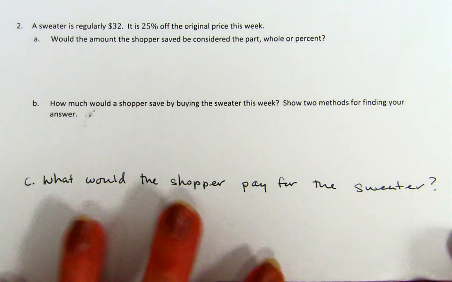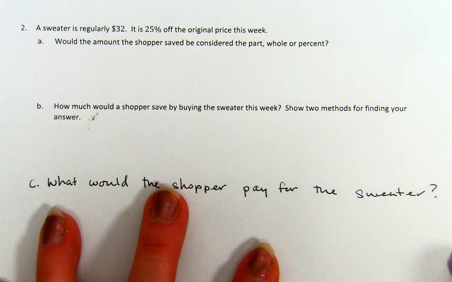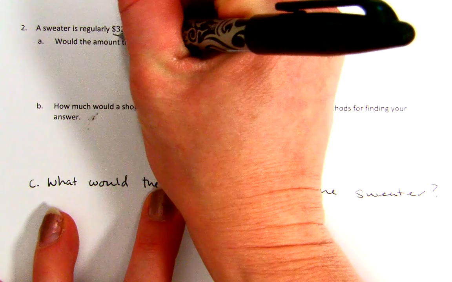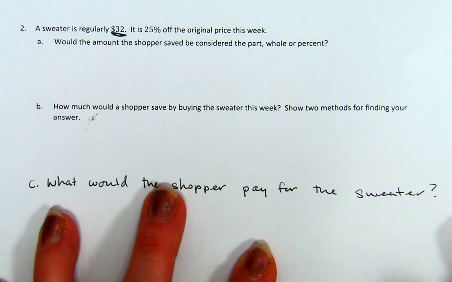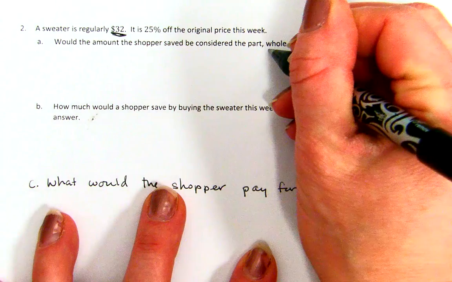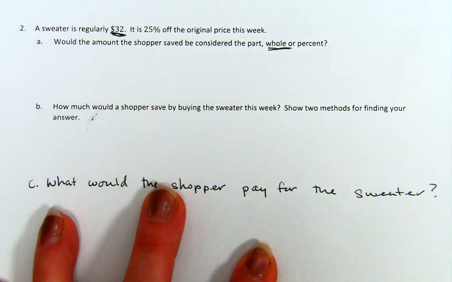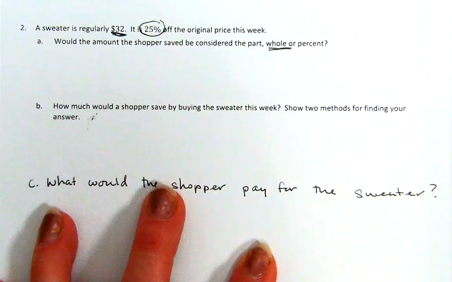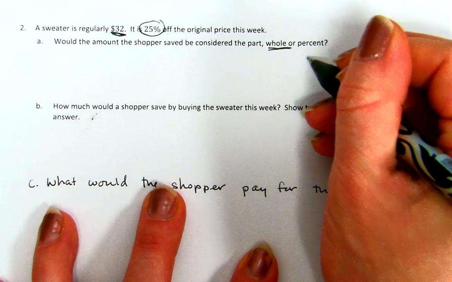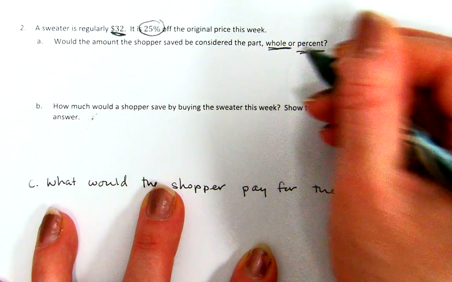Okay, well, let's look at the information we have, right? This is the regular cost of the sweater. Like if you paid all the money for the sweater, normally it would be $32. So if you're looking at the whole price of something, that would be the whole, okay? And 25%, right, is obviously the percent because it's 25%, right?